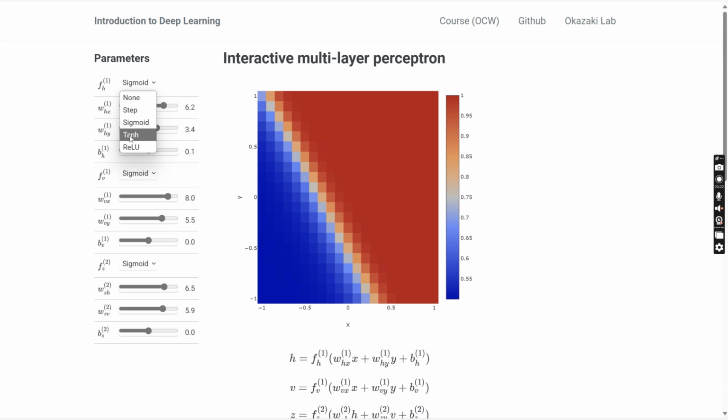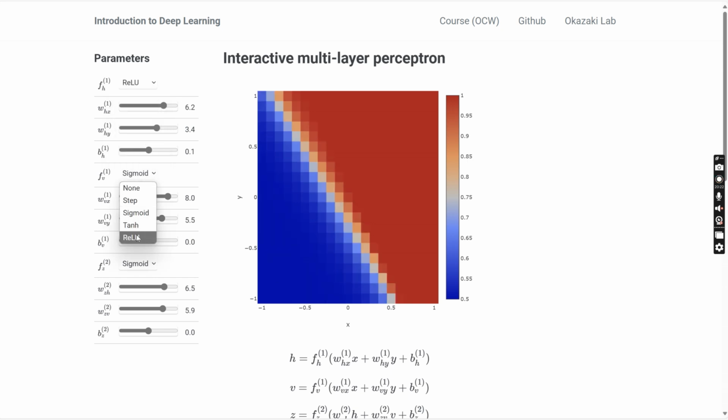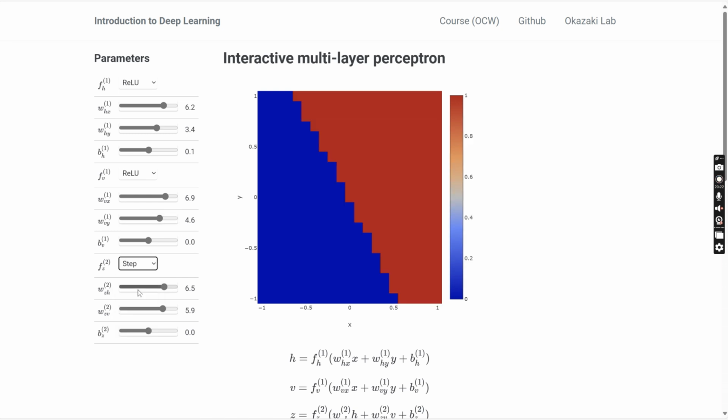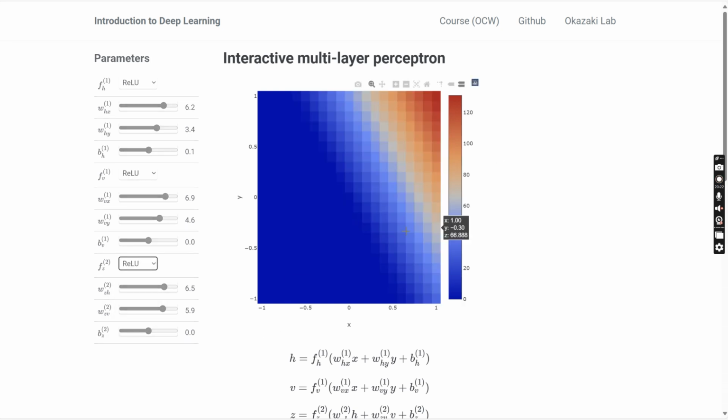Okay, let's try with ReLU. ReLU also is giving, let's just say this is ReLU only, it is not able to even give proper boundaries.